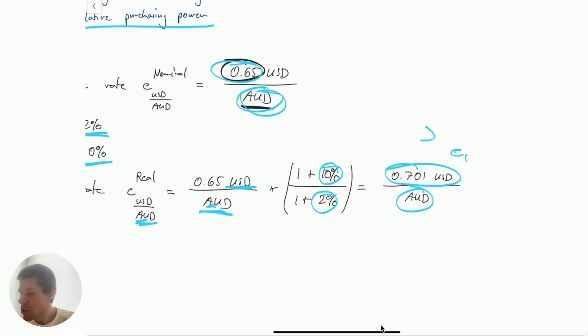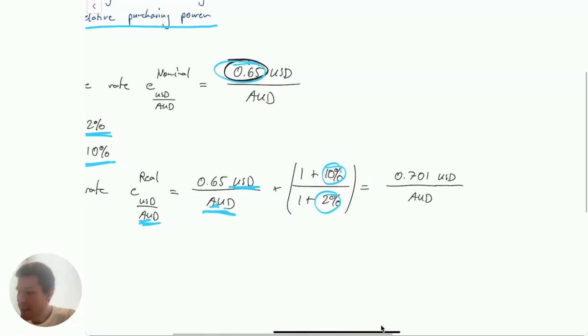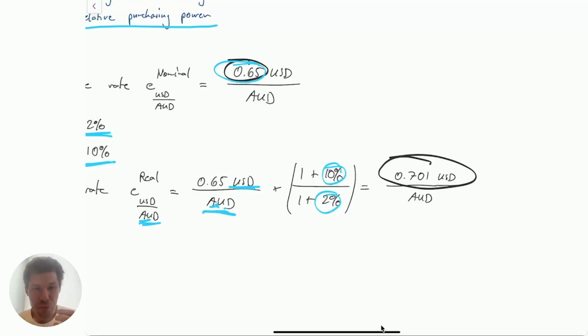However, that's not the interpretation here, because we are looking at price levels, because we take the inflation rate into consideration. So how to think about the change is to buy Australian goods, you need more US dollar now, because AUD has higher inflation, which means products are becoming more expensive.